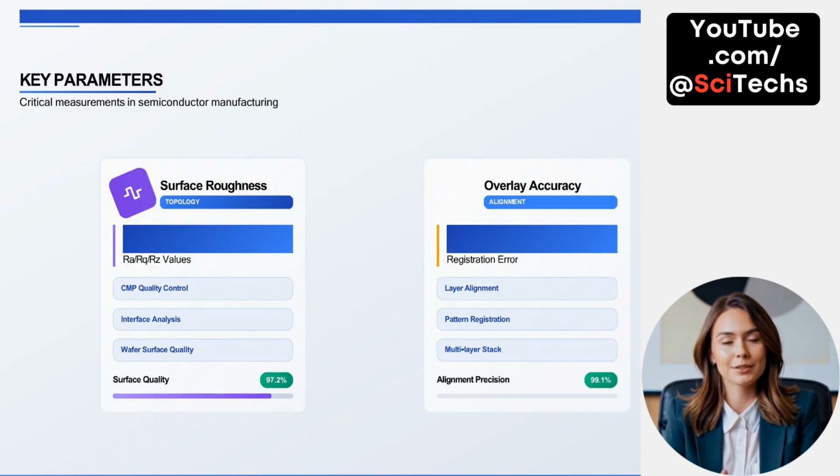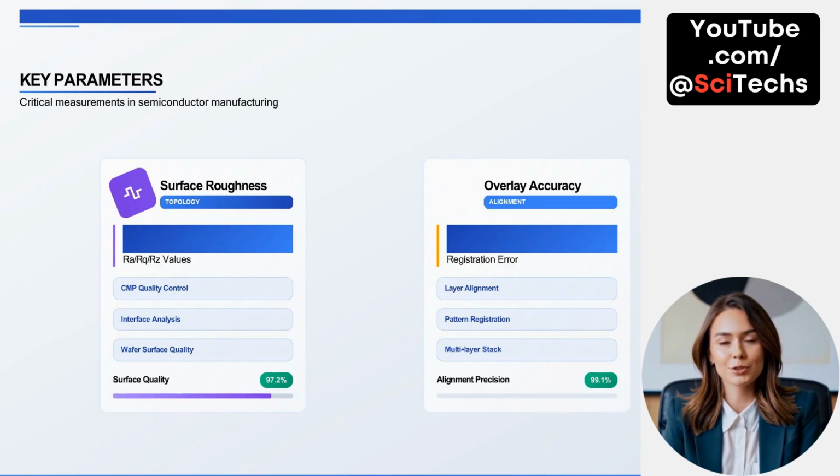Key parameters. Two critical parameters in semiconductor manufacturing are surface roughness and overlay accuracy, both of which directly affect device performance and yield. Surface roughness measurements, defined by Ra, Rq, and Rz values, quantify the smoothness and texture of wafer surfaces.